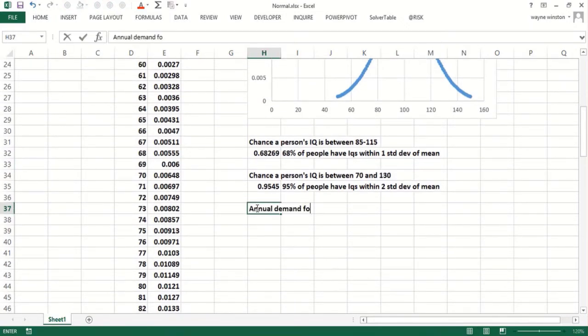Annual demand for a drug is normally distributed. Let's suppose the mean is 60,000 and the standard deviation is 5,000. Suppose it's pounds.